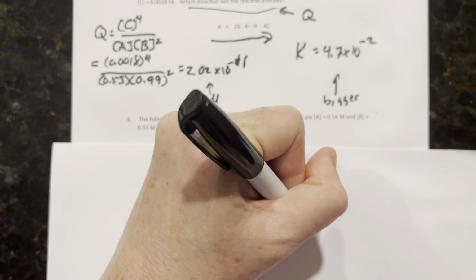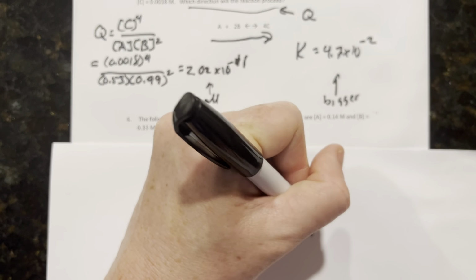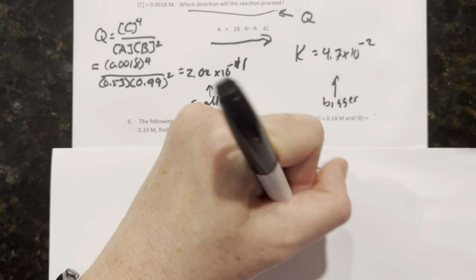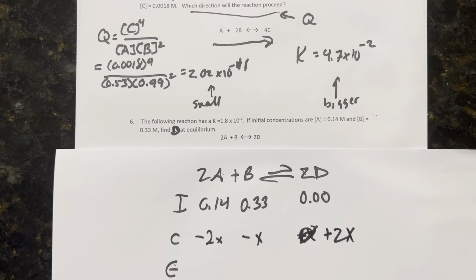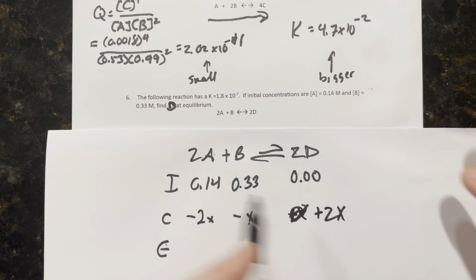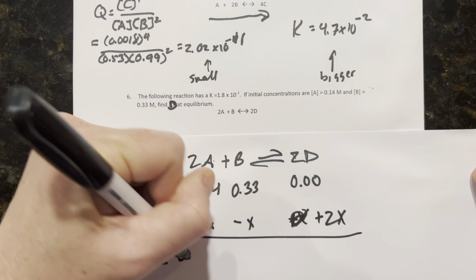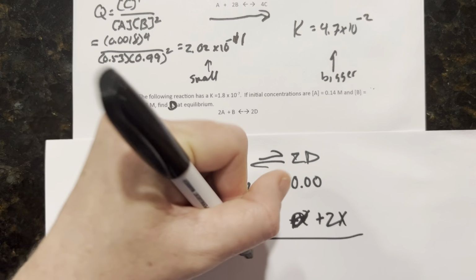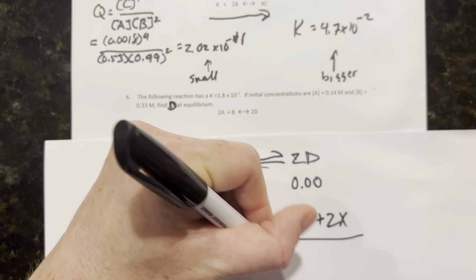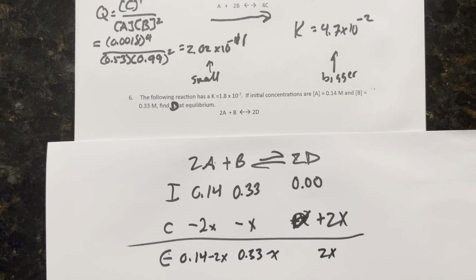And we also know that this is going to gain some X, 2X. There. And so at equilibrium, we have 0.14 minus 2X, 0.33 minus X, and 2X.